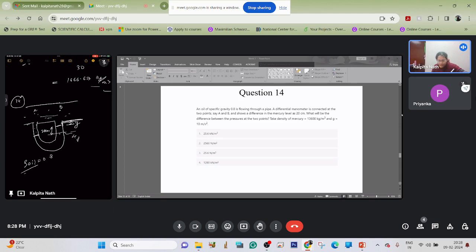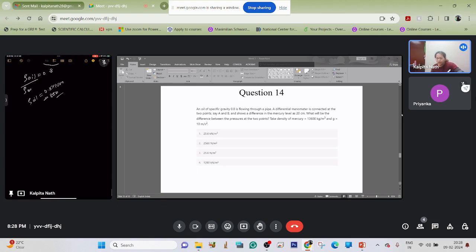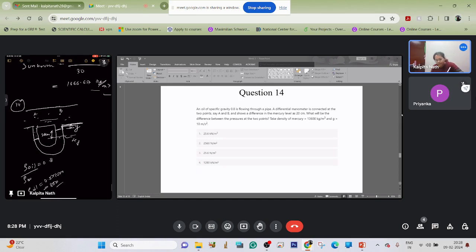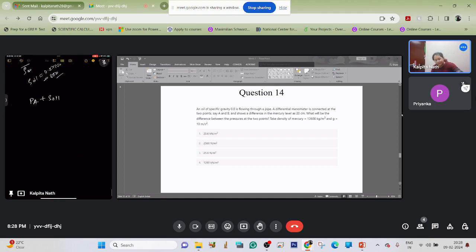That means density of oil upon density of water is equal to 0.8. So density of oil is equal to 0.8 into 1000. So that means 800. So now PA at point A plus density of oil, and what is this height? This height is Y plus 20, right?